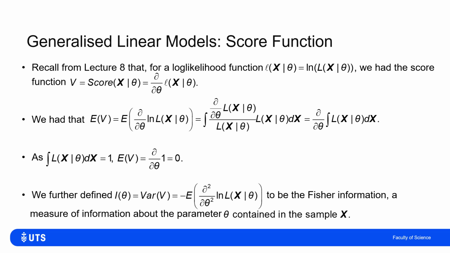And we also introduced the Fisher information, being, broadly speaking, a measure of how much information there was about what the parameter estimate should be from a sample. And this was the variance of the score function, but we actually calculated it more by taking the negative of the expectation of the second derivative of the log likelihood.